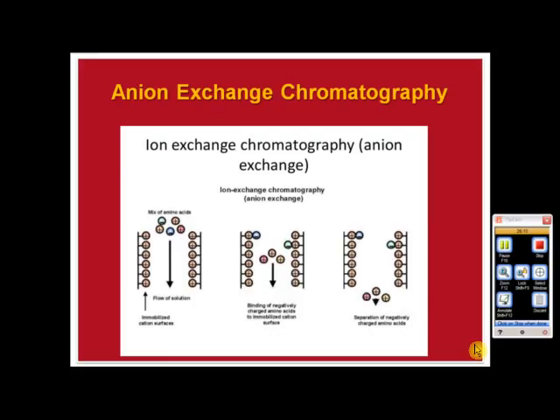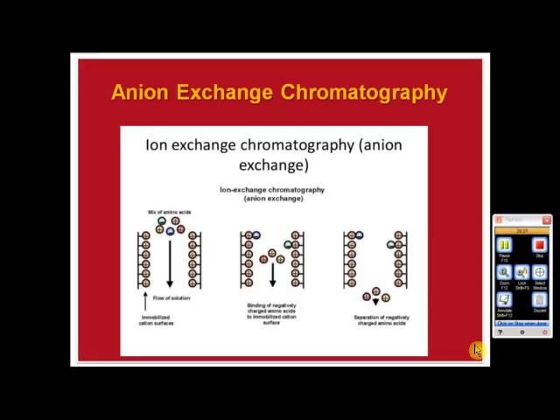And anion exchange chromatography. In this, anions are exchanged on a cation resin. This resin contains more cations, and whenever the proteins are loaded onto it, the anionic proteins bind to these cations.